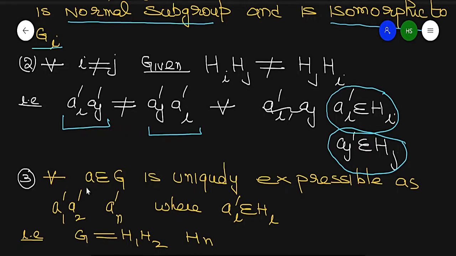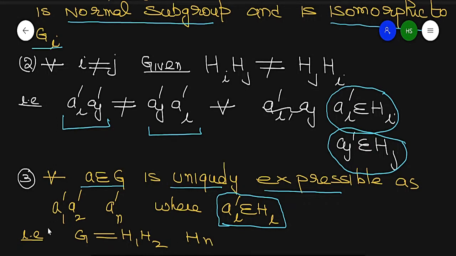And third, for every A belonging to G, it is uniquely expressible as a product A1', A2' up to An', where Ai' belongs to Hi. It means G can be written as the product of H1, H2 up to Hn.